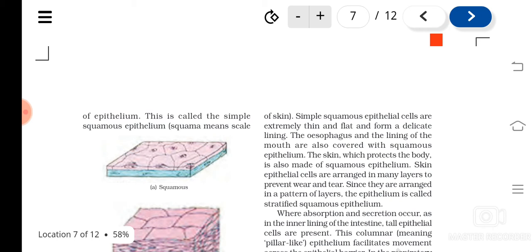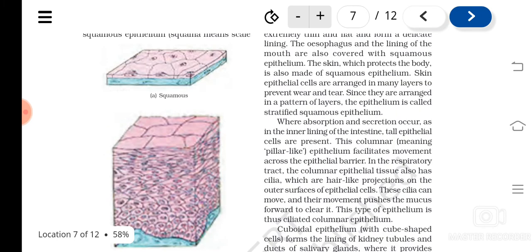Then, I told you another type of epithelial tissue is columnar, meaning pillar-like, which helps in movement across the epithelial barrier.